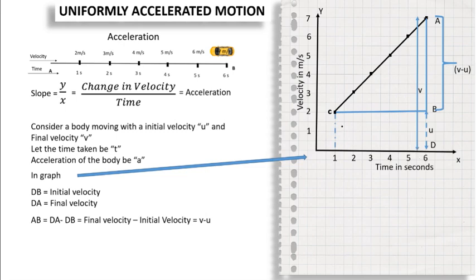Now, suppose you extend a line here and give one letter here, let us take E. This point is called E. What does ED represent? ED represents time, simple. Now ED is nothing but CB. CB is also time because it's parallel.